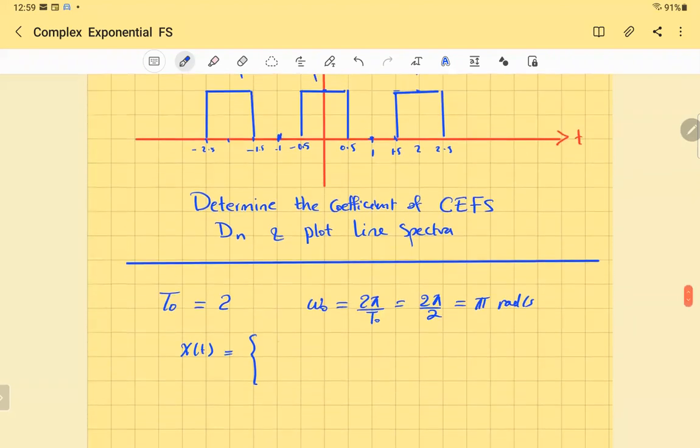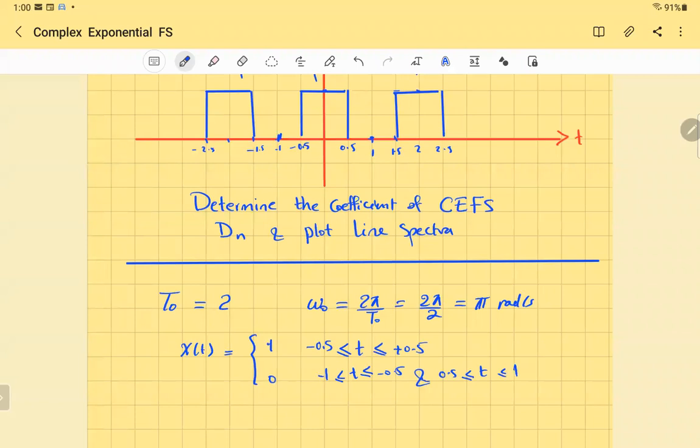It's equal to 1 when t is greater than or equal to negative 0.5 and less than positive 0.5, and 0 for t between negative 1 and negative 0.5, and 0 also when t is greater than 0.5 and less than 1.